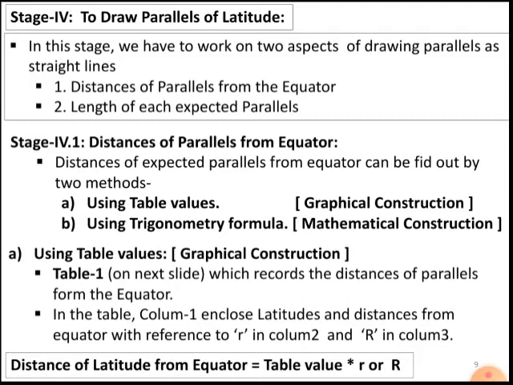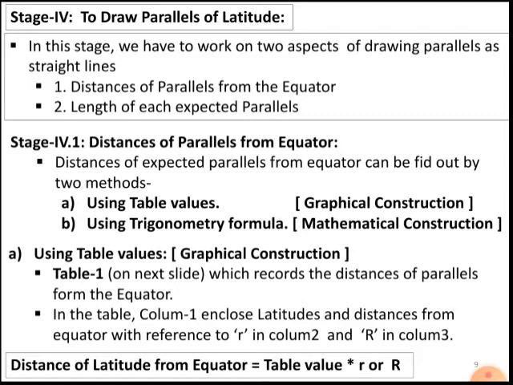The second approach is using the trigonometrical formula, which was used by Mollweide very perfectly. That is the mathematical construction of the projection. Using those formulas you can also easily find the distance of a latitude from the equator. We will discuss both.